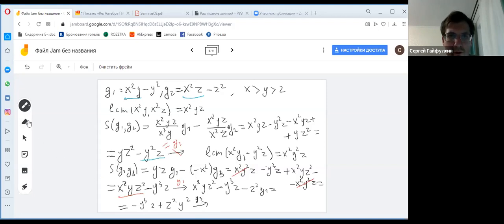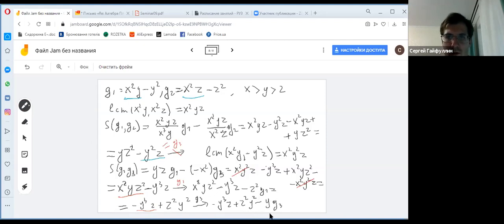For example, for this one, I can say that this is minus y cubed z plus z square y plus, or minus, y g3.